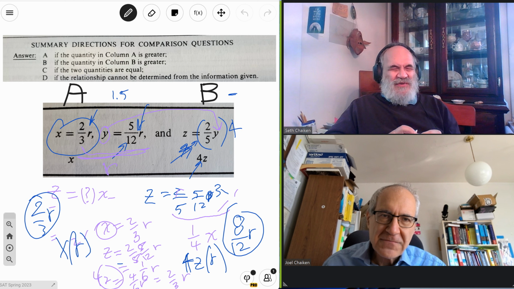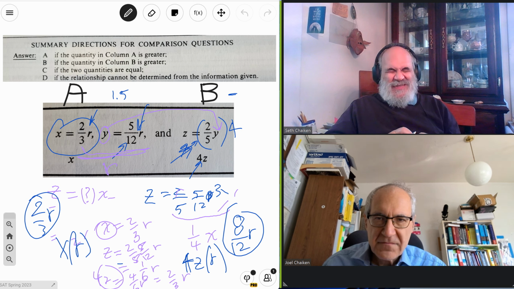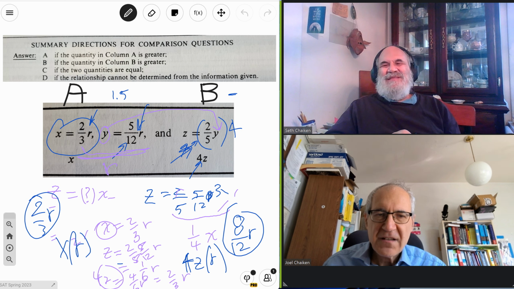I think the trick was it could mislead people who jump to the conclusion, like I did, that when two quantities differ by a ratio, they're different. Yes, you actually have to work it out. They don't differ by a ratio.